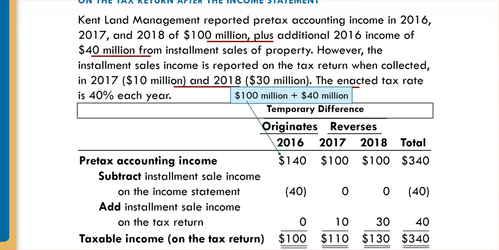And our current tax rate is 40%. So when we have to pay the tax on it because we get the cash in the future years, and what years do we expect it to come in? We expect it to come in 2017, 2018, the cash is coming in. When this cash comes in, we are going to be taxed on it at 40%.